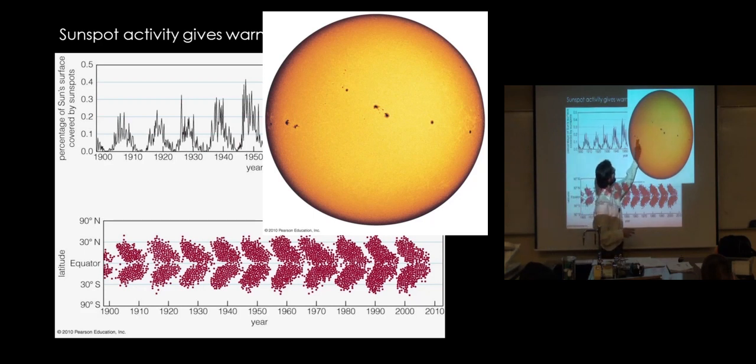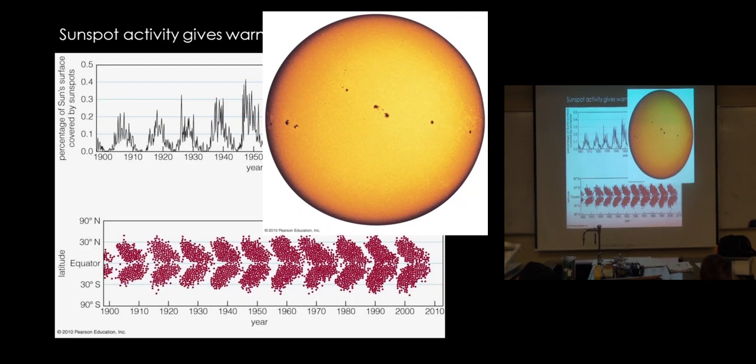They kind of appear in pairs. What's required by the topology of something is that they need to appear in pairs.